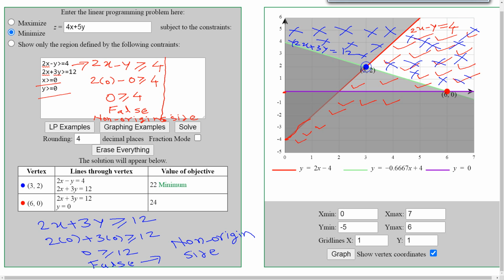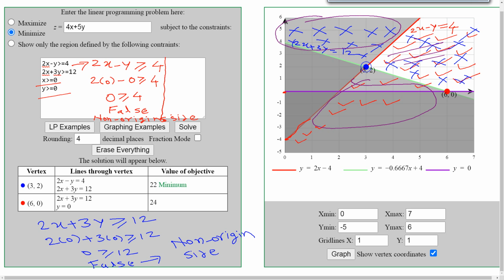So which is the common feasible region? The one which contains crosses as well as ticks. This part we can't consider because it doesn't contain ticks. This part again we can't consider because it doesn't contain crosses. So whatever is shaded in white color, that is the common feasible region.